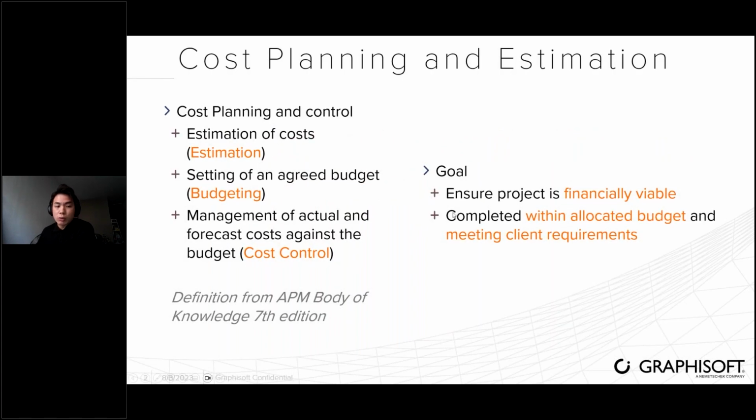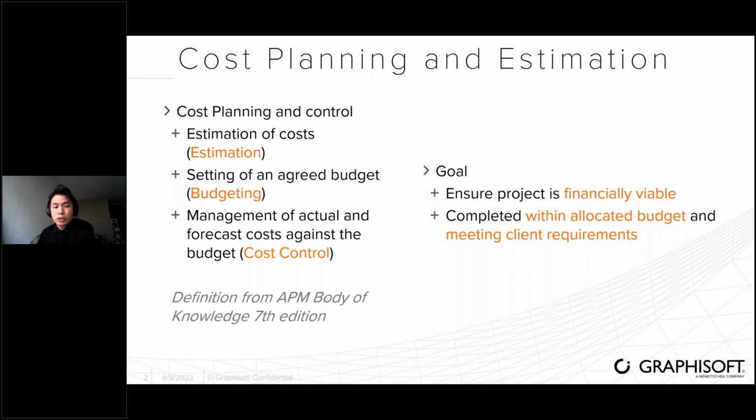Before we see how this is achieved in Archicad, let me explain what cost planning is and what needs to be done. In very simple terms, there are three things needed. One is estimation. With the estimation, you know roughly how much work is needed, and with that you can do the budgeting.